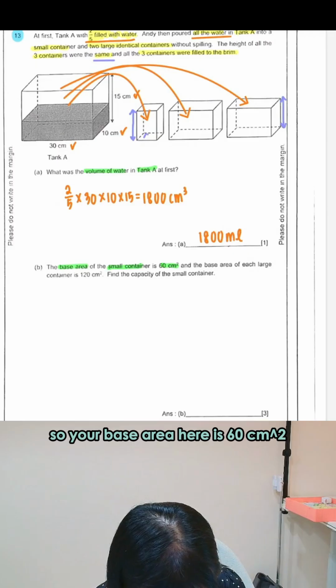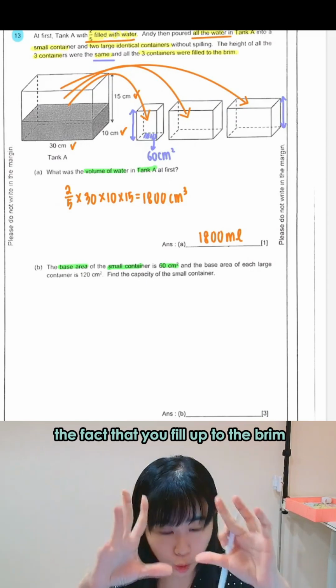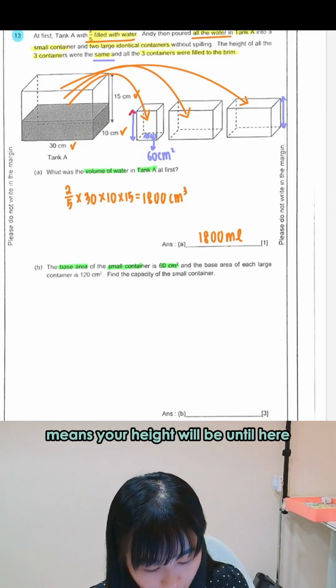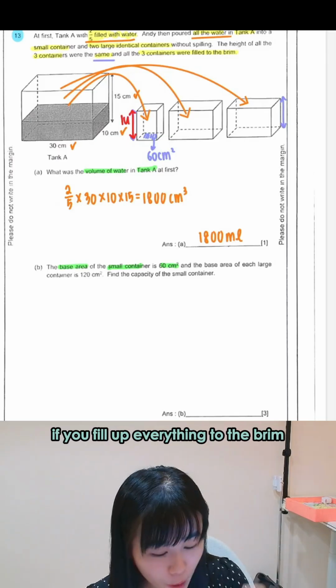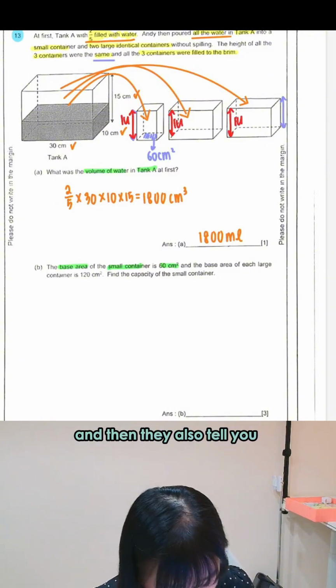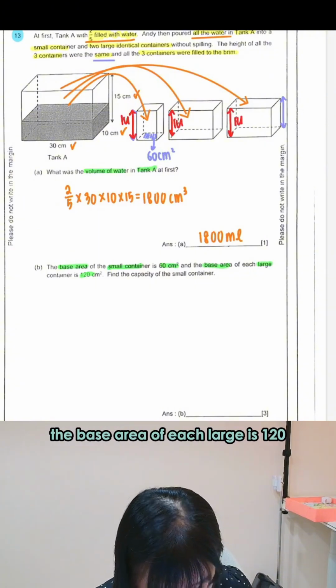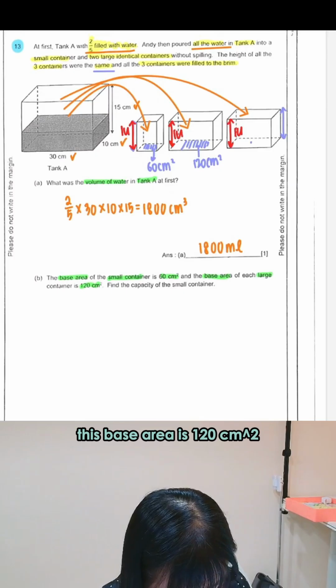So your base area here is 60 cm square. The fact that you fill up to the brim means your height will be until here. If you don't know the height, let it be 1 unit. If you fill up everything to the brim, all your height is 1 unit here. And then they also tell you the base area of each large is 120. So this base area is 120 cm square and this base area is 120 cm square.